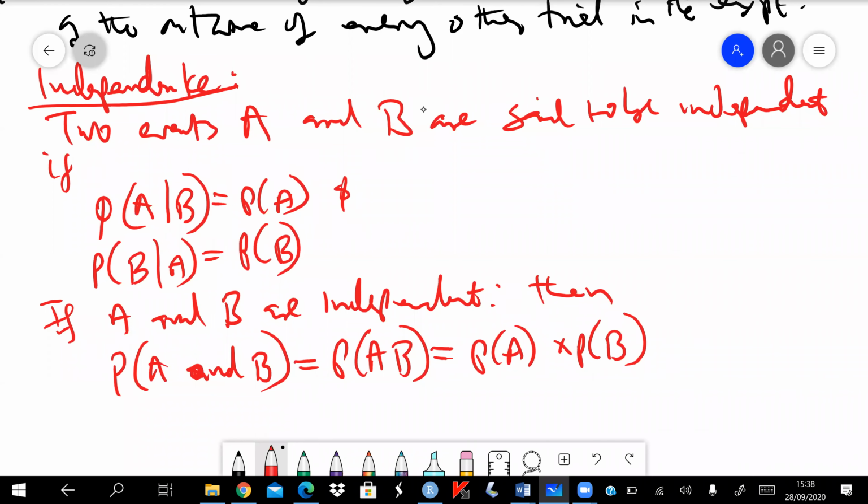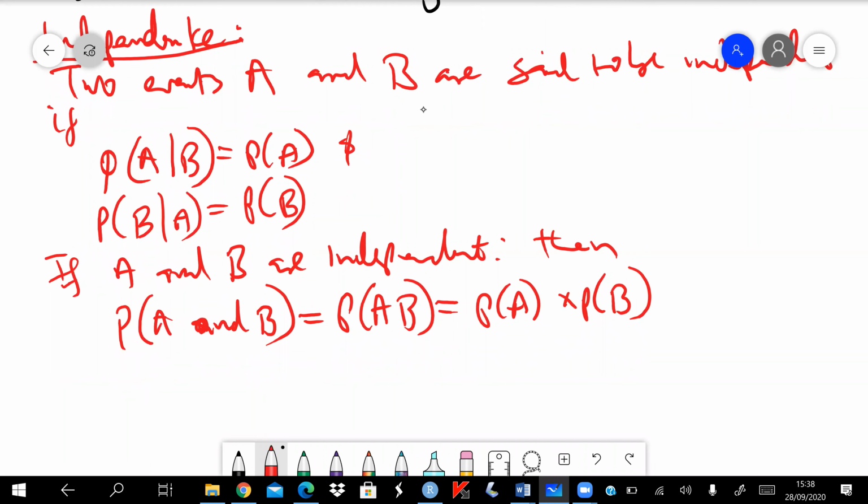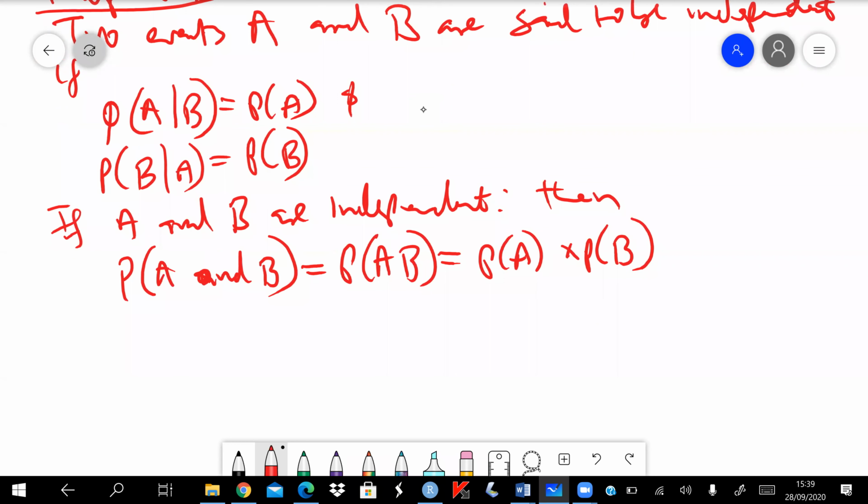If you revisit the illustration on the tossing of two coins, because we're assuming that the tosses are independent, the outcome in every toss is independent of the outcome in the other tosses.